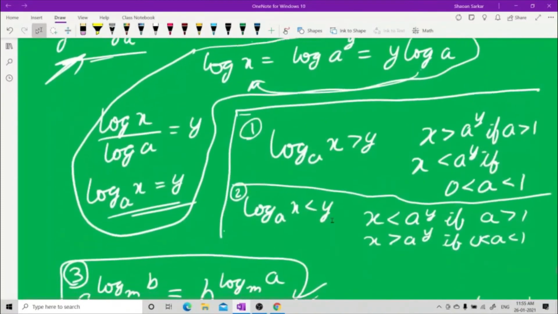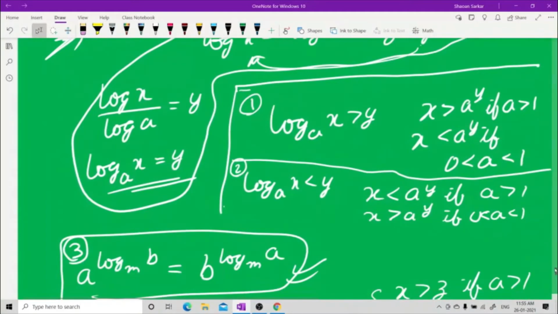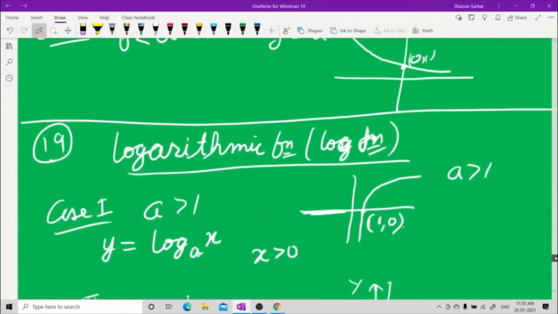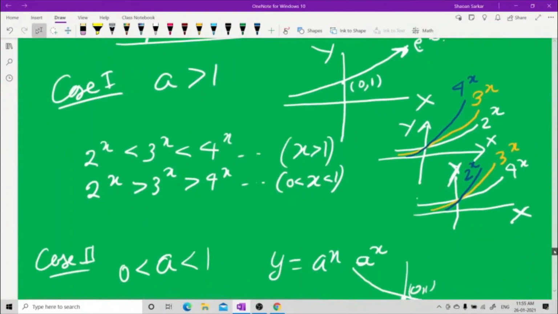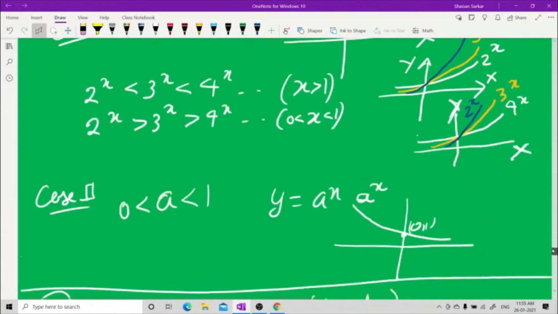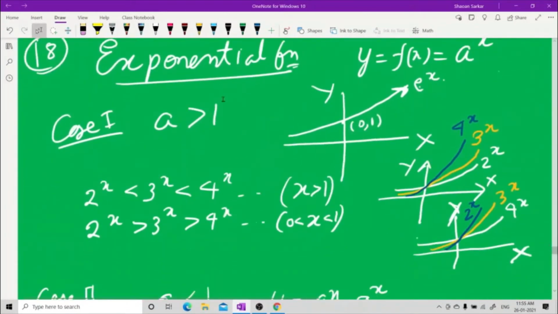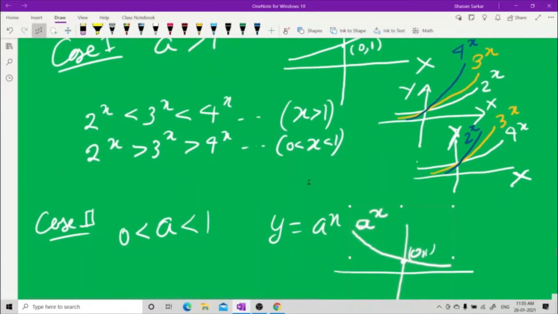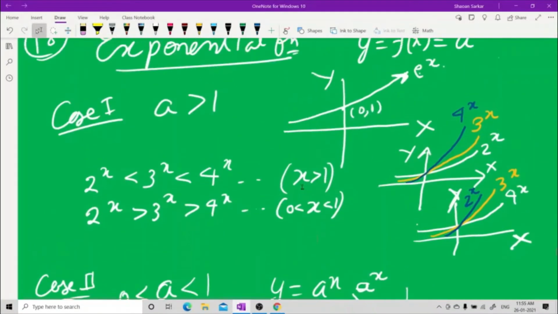Similarly, I think you should try to know the range and domain of the exponential function, both the exponential functions. If you look at this graph, the domain is always all R, but the range, that is the y-axis, is from 0 to infinity.